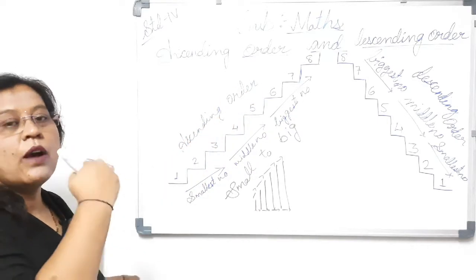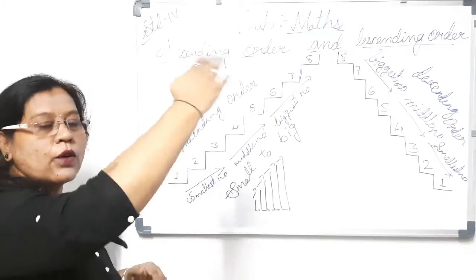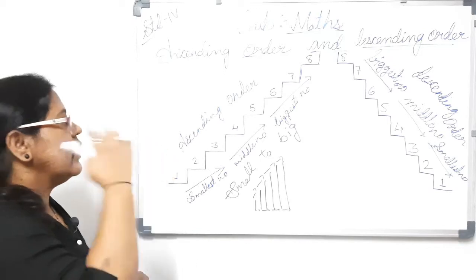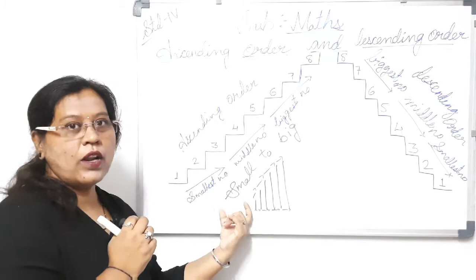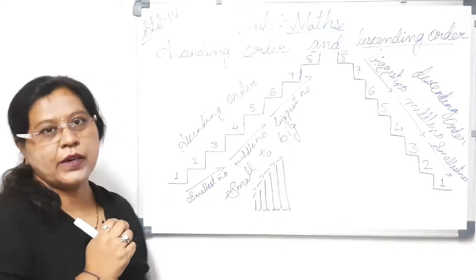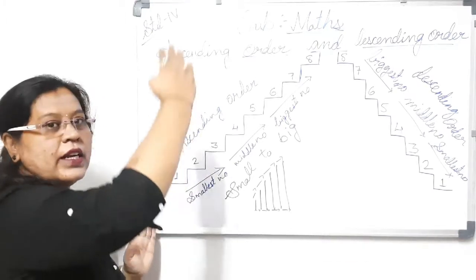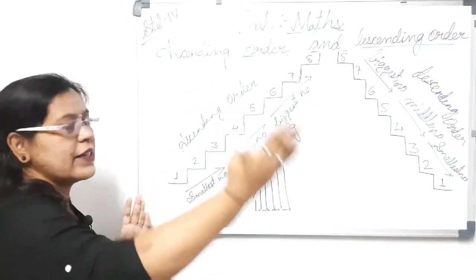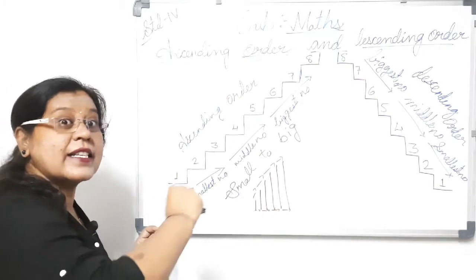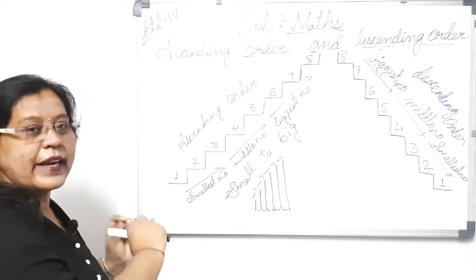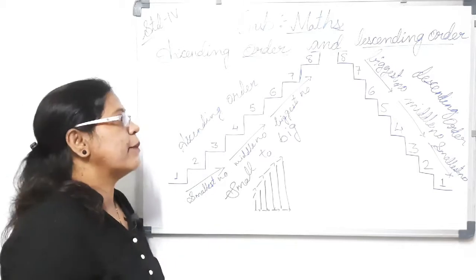We go one number ahead each step, from a smaller number to the bigger number. Understood? From 1 to the largest, biggest, greatest number. Always ascending. Keep that in your mind.